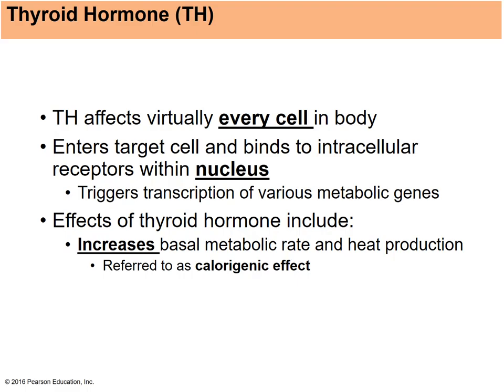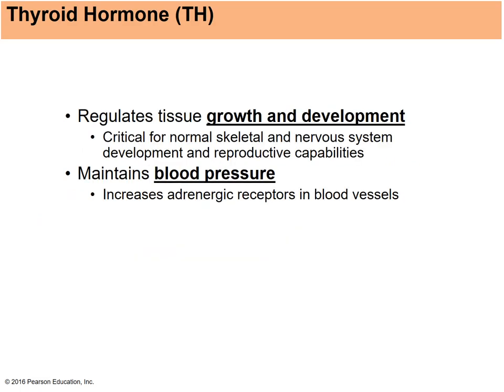That in turn is going to help increase heat production, because any type of metabolic activity has as one of its side effects the release of heat. It helps to control or regulate growth and development. It helps to maintain blood pressure.